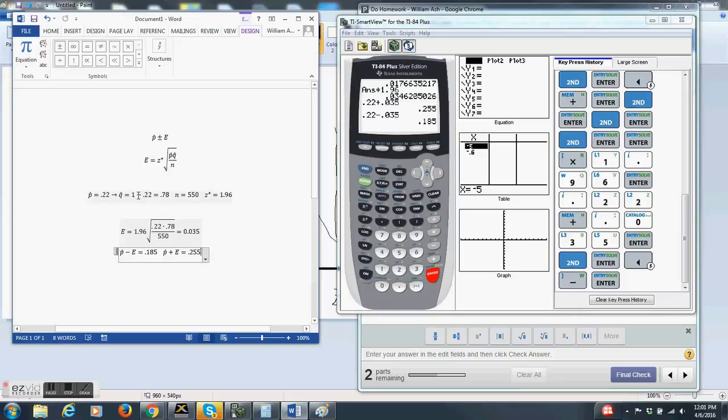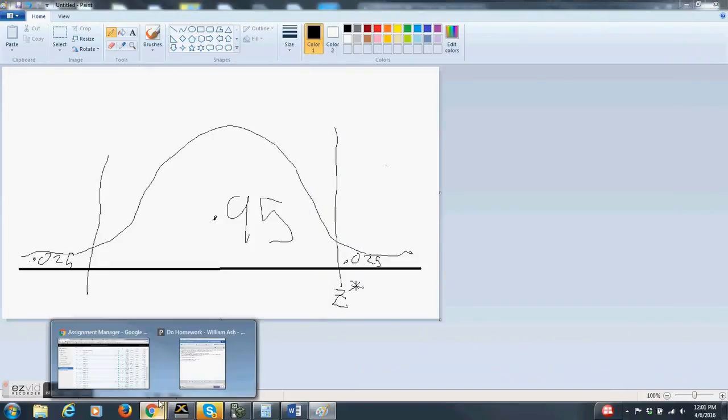So I'm sorry, so 0.22 plus 0.035 is that guy, and minus is that guy.